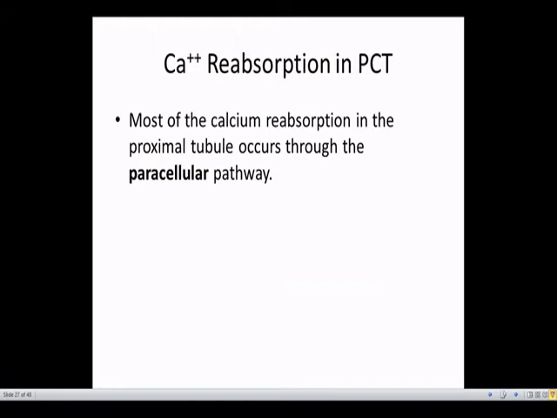Most of the calcium reabsorption in the proximal tubule occurs through the paracellular pathway. It is dissolved in water and carried with the reabsorbed fluid as it flows through the paracellular pathway.